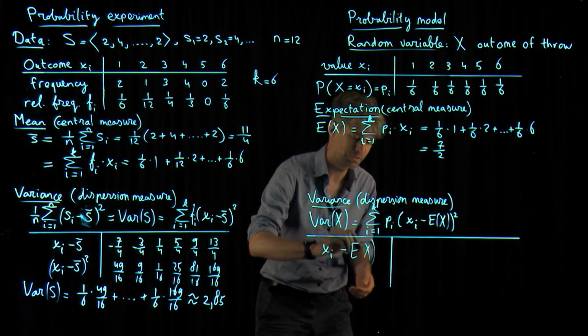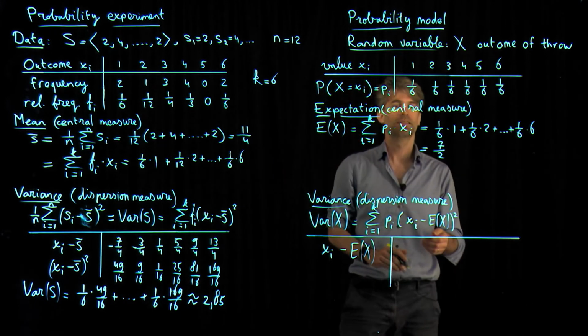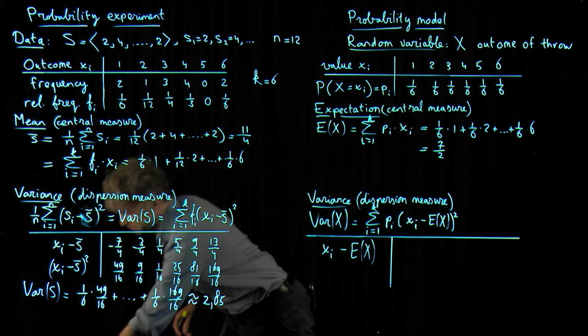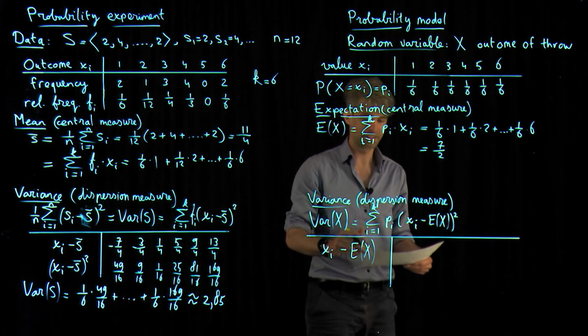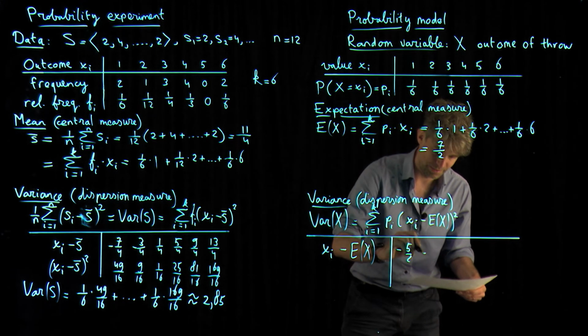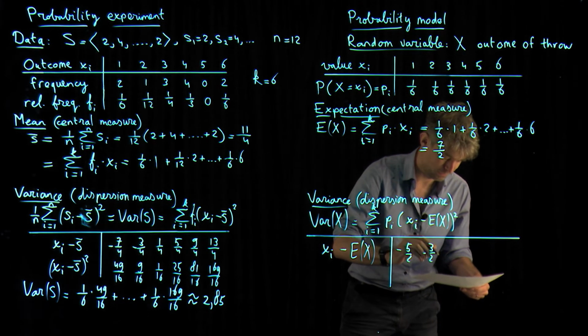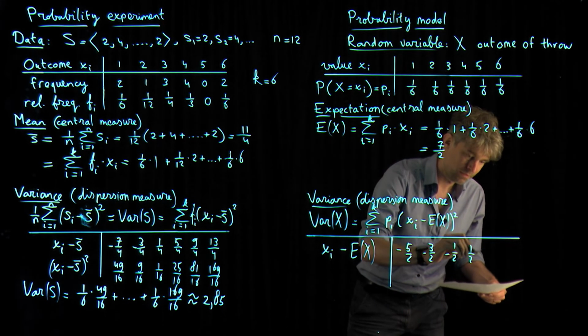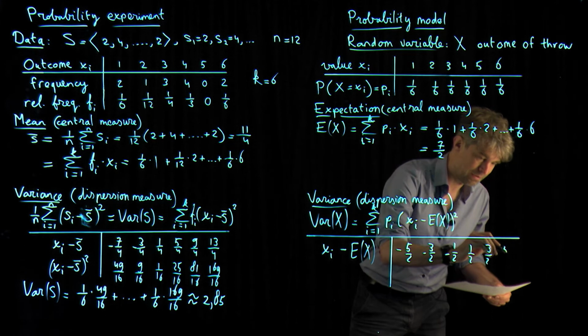So you first start looking at the outcomes minus the expectations. So let me get my paper just to make sure I don't make any mistakes. It starts off with minus 5 over 2, and then minus 3 over 2, minus 1 half, 1 half, 3 over 2, and 5 over 2.